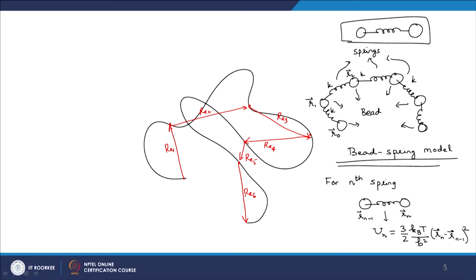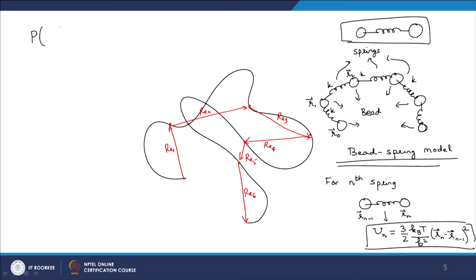So, now I have replaced the MB square by b square again. So, these springs become like my segments of the polymer chain, and each of the springs has this particular elastic energy. Okay.